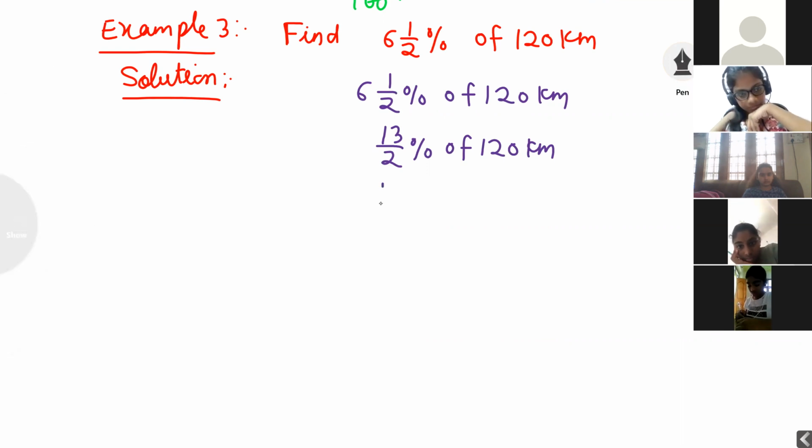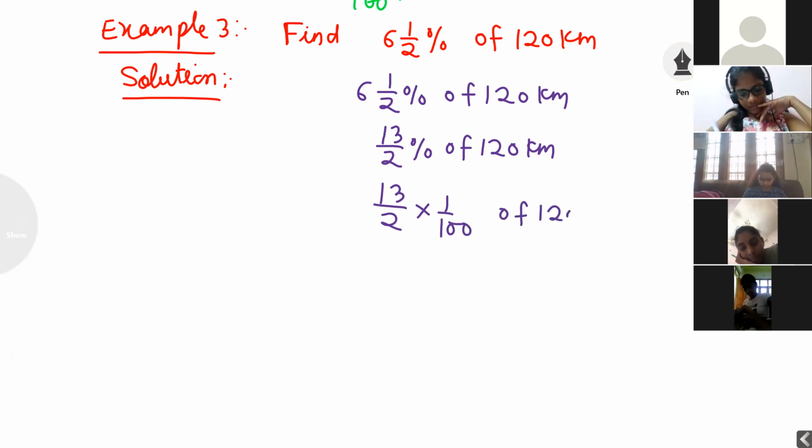13 by 2 percentage means 1 by 100 of 120 kilometer. What is the actual meaning? If a fraction they have given, always I will multiply 100 with the denominator.